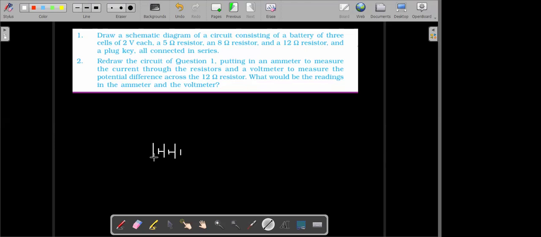Sir, do we have to draw an ammeter? No, we don't have to draw an ammeter. There is no ammeter here. Sir, I've drawn the diagram. Okay, show it. All those who have drawn can show the diagram. There is one more resistance. You can check.